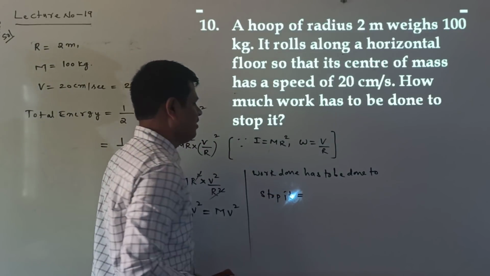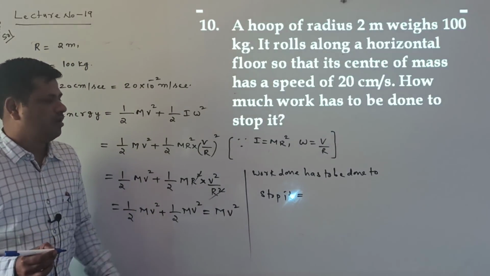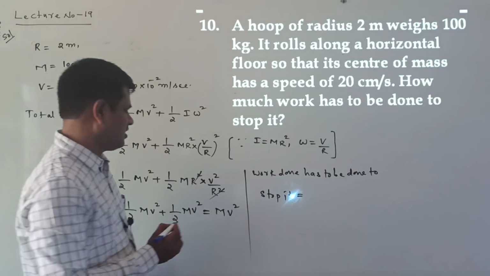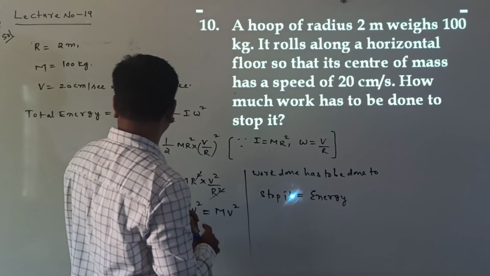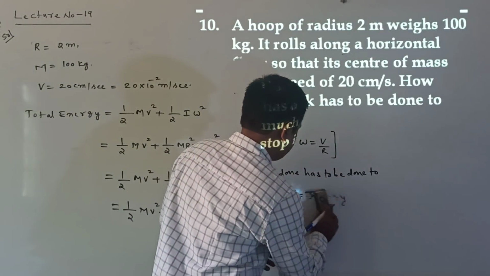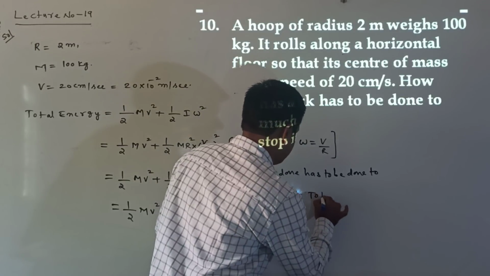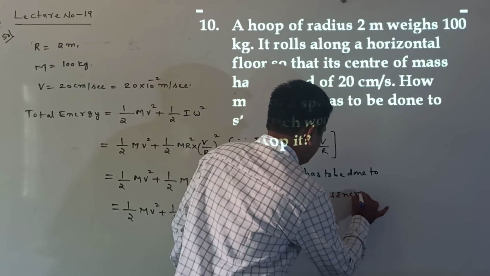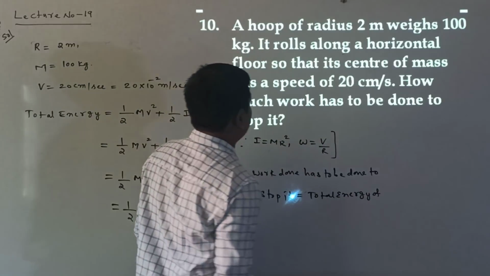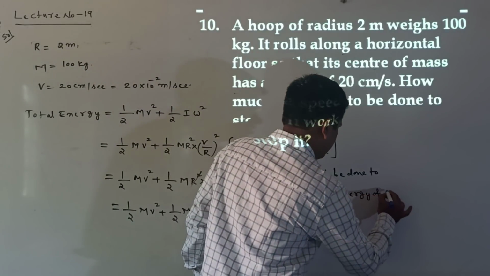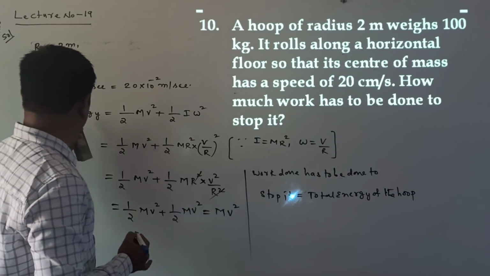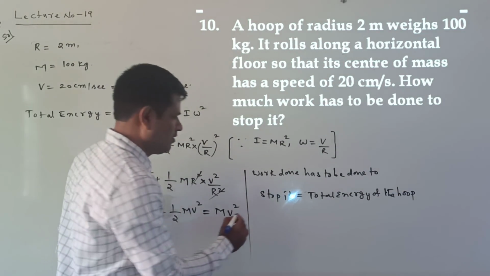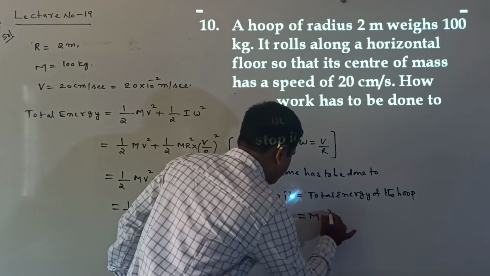In order to stop the hoop, the kinetic energy is required. How much work has to be done to stop it means the total energy mv square. To stop the hoop, the same work we have to do. That's the reason we are saying work has to be done to stop it. That work is equal to the total energy of the hoop, which we already found: mv square.